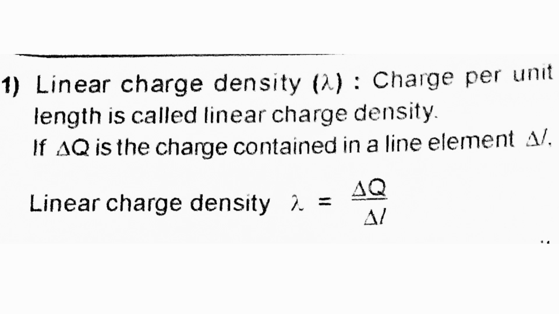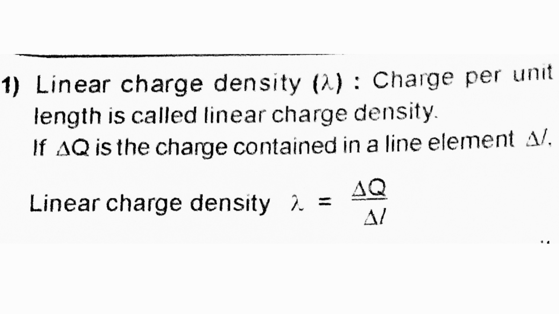The first case is linear charge density. It is represented as lambda. Charge per unit length is called linear charge density. In this case we are considering the charge as a line distribution.